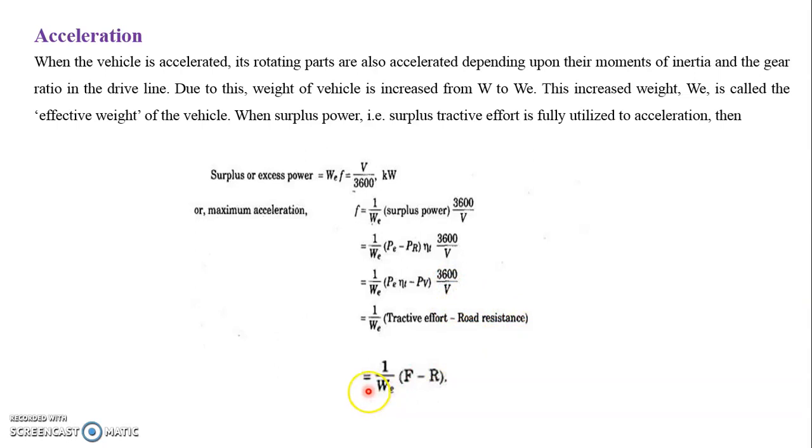So it is equal to 1 upon effective weight into bracket F minus R. It will give the acceleration. The maximum acceleration is given by this formula, 1 upon WE into bracket F minus R. We need this formula during the numericals.